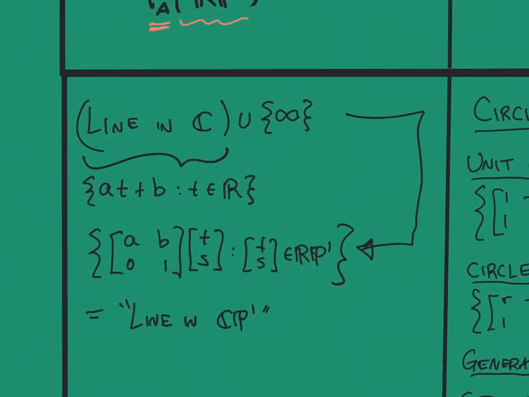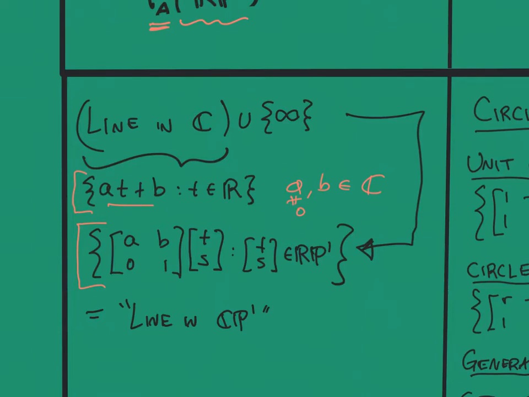Here we go. If I have a line in C, that can be written as points of the following form, where A and B are complex numbers. I guess you would want A to be non-zero. A would give the line a direction, and B would translate it. So this is a line in C, and I claim that if you throw in infinity, you would get exactly this set.